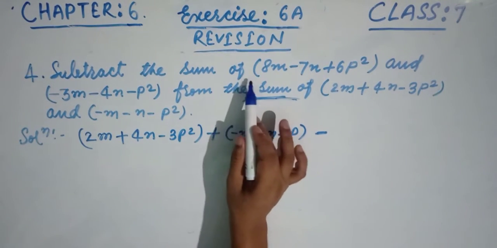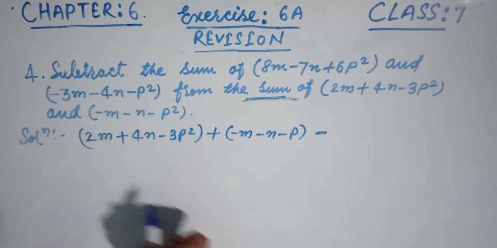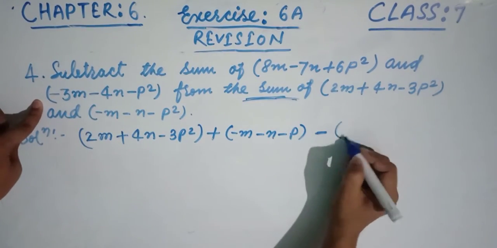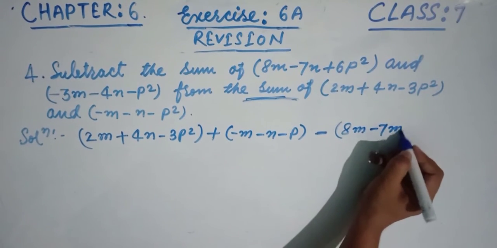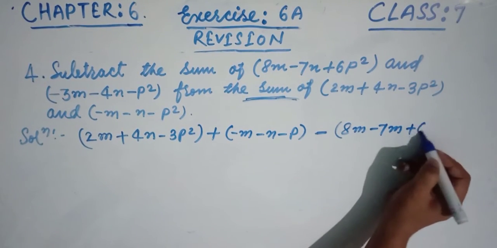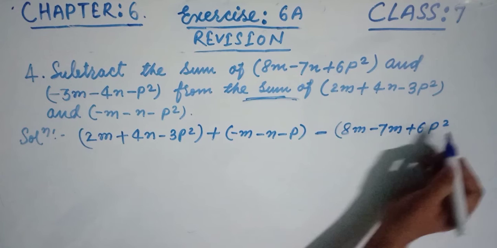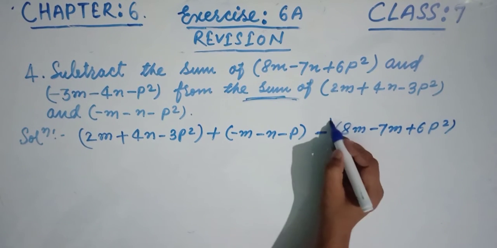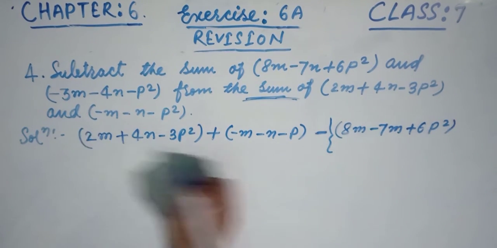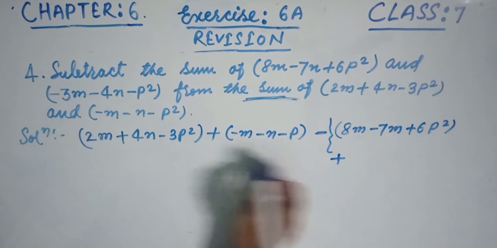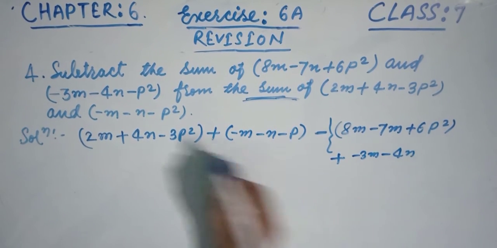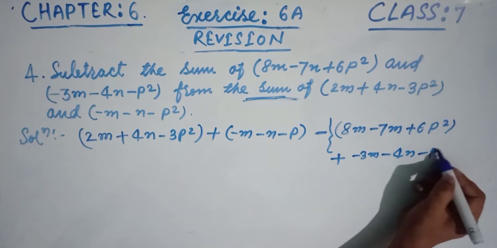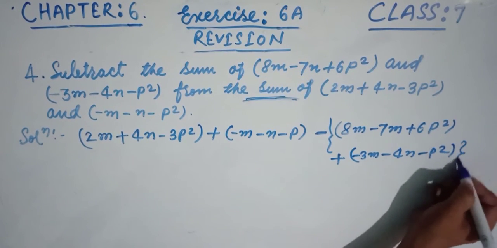Subtract the sum of these two terms. Now write the sum, then this is 8m minus 7n, friends, plus 6p square. Okay, and write this sum. This is minus 3m minus 4n, friends, and minus p square, close with curly bracket.